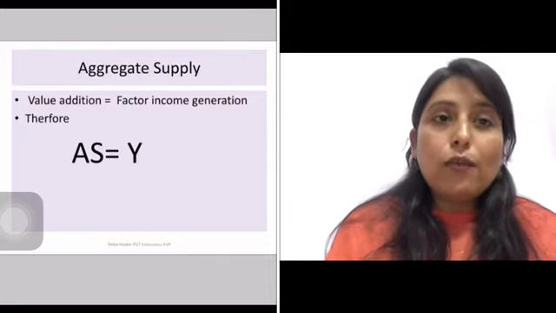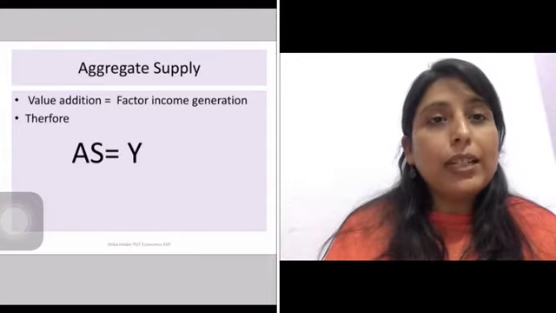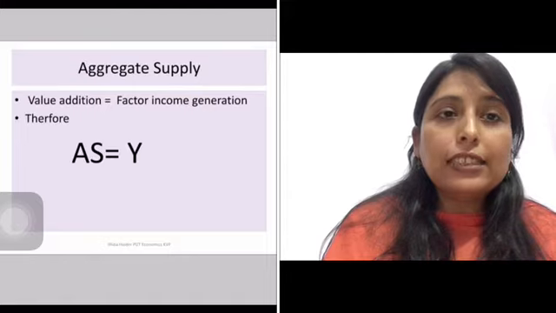So it means aggregate supply is production and is equivalent to the income, that is factor income. तो यानी AS किसके बराबर है?